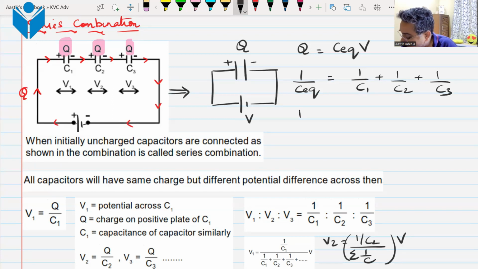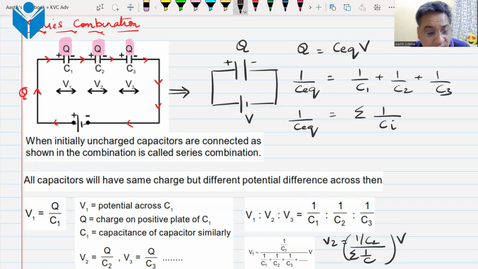If I write it in summation form, it will be summation of 1 by Ci. Do we understand this? Yes, sir. This type of combination of capacitors is known as the series combination. Do we understand this? Yes, sir. Since I don't have any space left, I'll give you time to note it down.